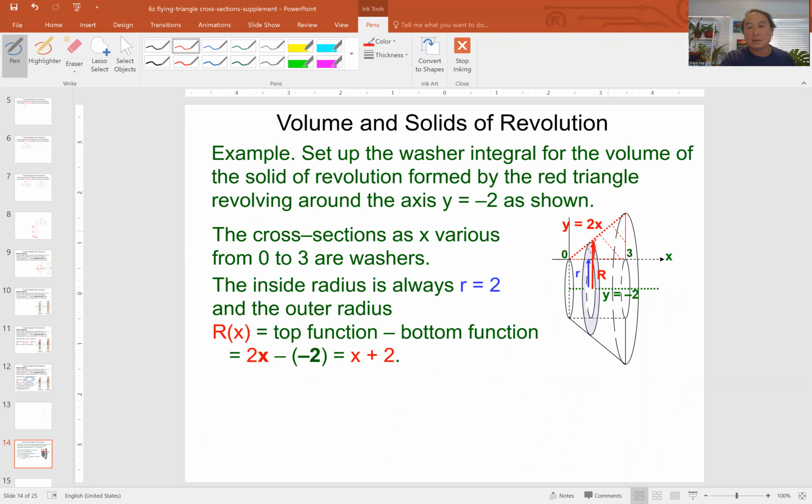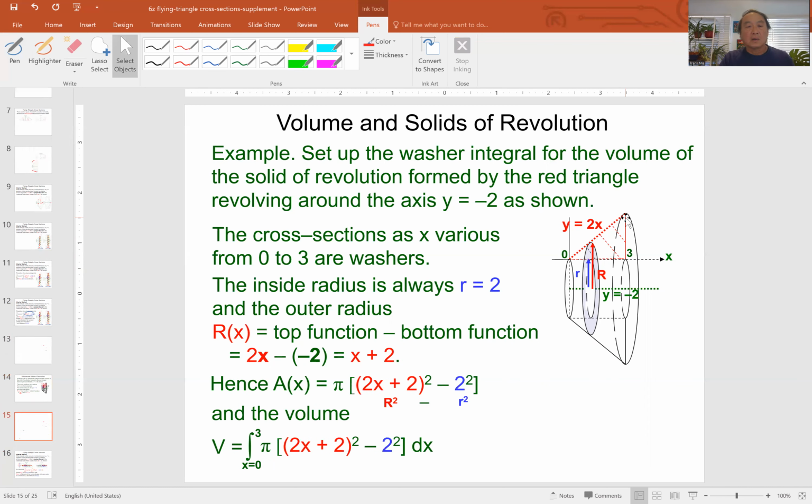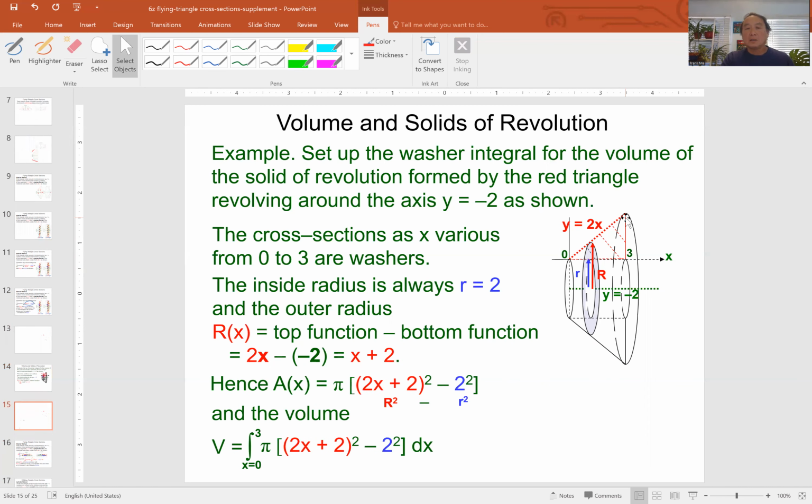Big R goes from here all the way to minus 2, so it's 2x, the height of y at the top, plus 2. And of course, the little r stays as 2 all the way across. And so this is the volume for these particular solids.